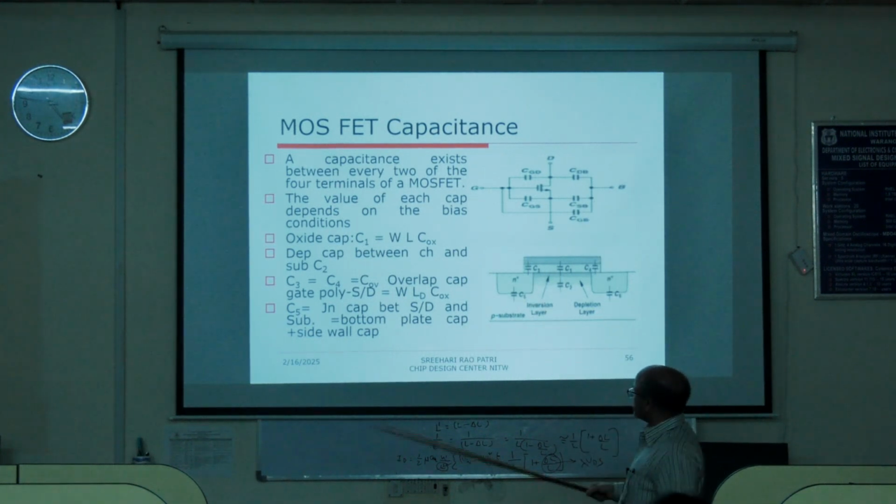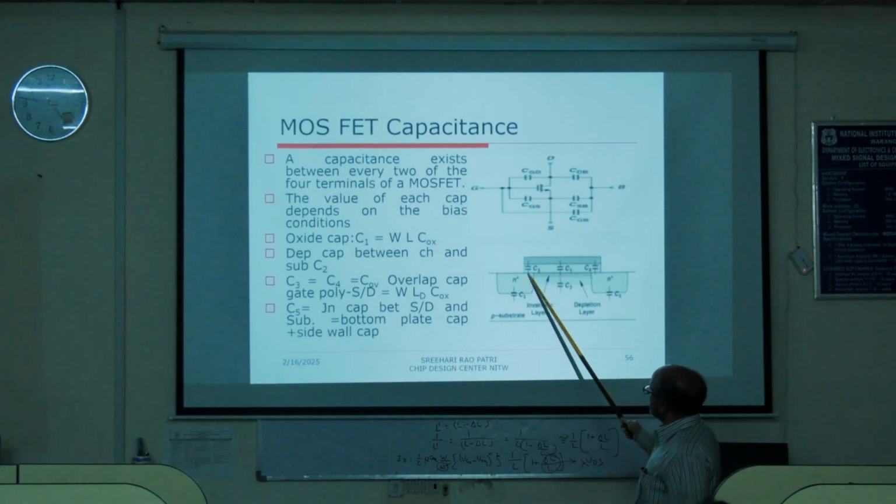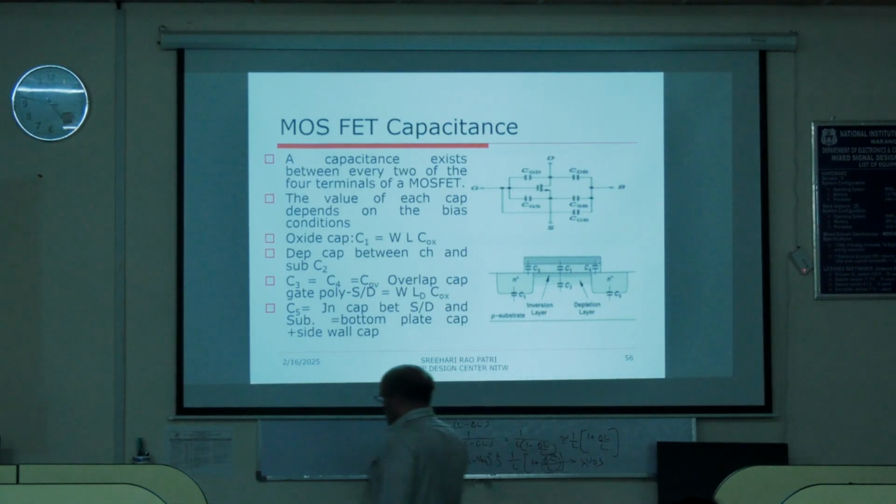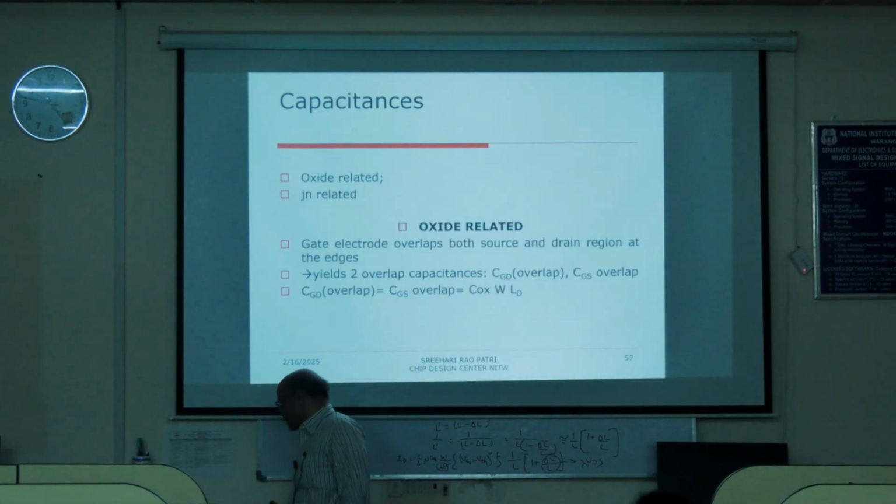There is overlap capacitance here and overlap capacitance here. This is the overlap area of gate and source, and gate and drain. So you have to take into account all these capacitances when you are dealing with the circuit.